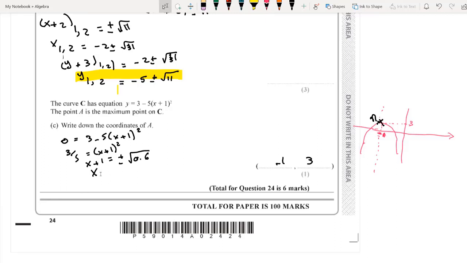So x1 and x2 are negative 1 plus or minus root 0.6. Now, root 0.6 is less than 1. So minus 1 plus something which is less than 1 is going to give me a negative. So you have the first root negative, and the second root is negative 1 minus root 0.6. So this is something like negative 0.22 and negative 1.77.